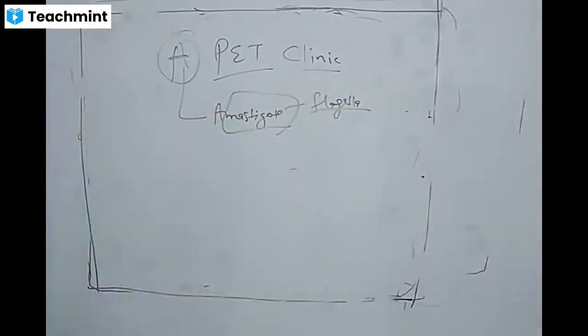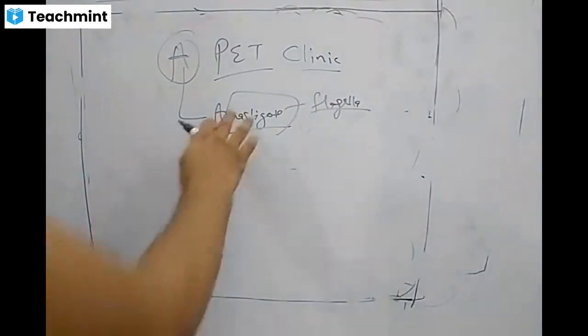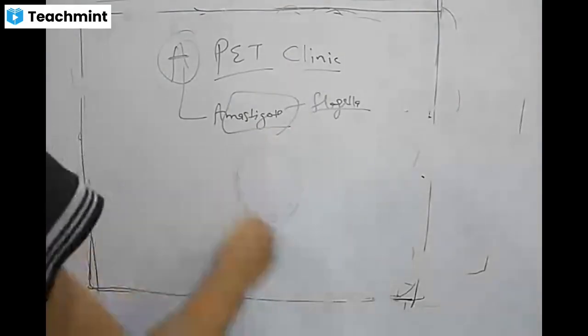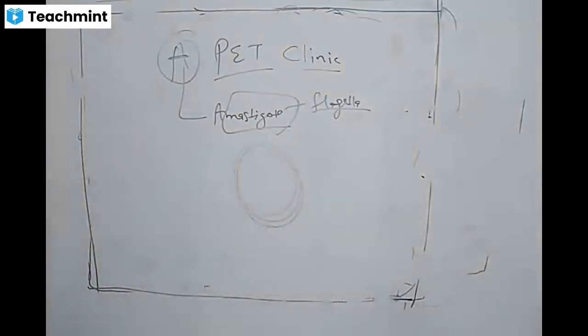So these are the hemoflagellate forms, where amastigote means no flagella. There is a round body.